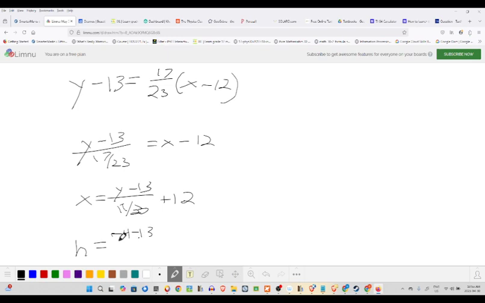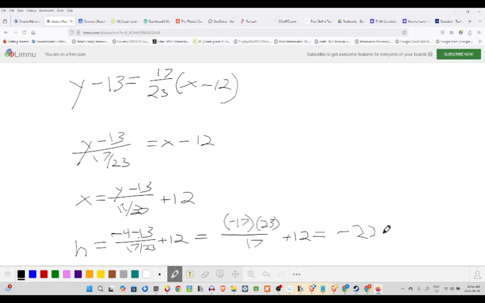Negative 4 minus 13 over 17 over 23, plus 12. Well, this over 23, that 23 can come to the numerator. So we have negative 17 times 23 over 17 plus 12. We can cancel our 17s.